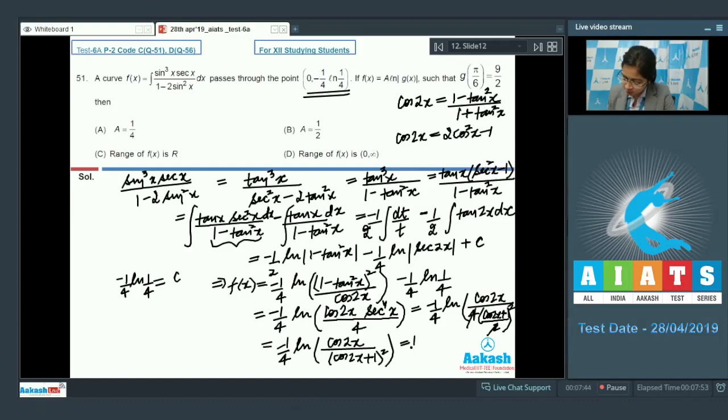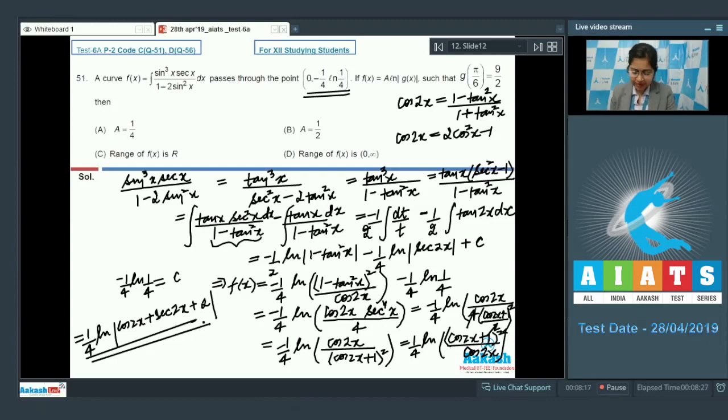So this is equal to 1 by 4 into ln of cos 2x plus 1 whole square upon cos 2x. So it can be written equal to 1 by 4 into ln of cos 2x plus secant 2x plus 2. So this is the final solution that we get.